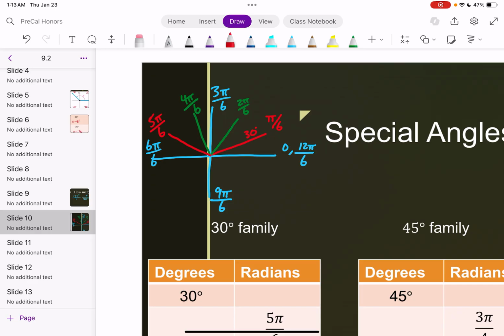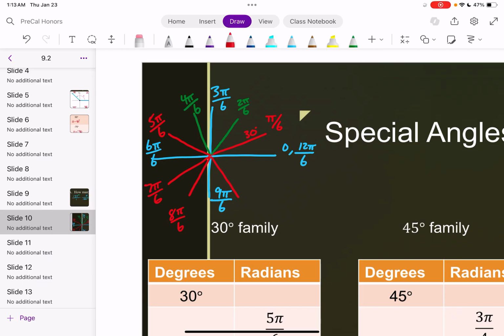Now, this right here would be 7 pi over 6, 8 pi over 6. 9 pi over 6 would be the 270.